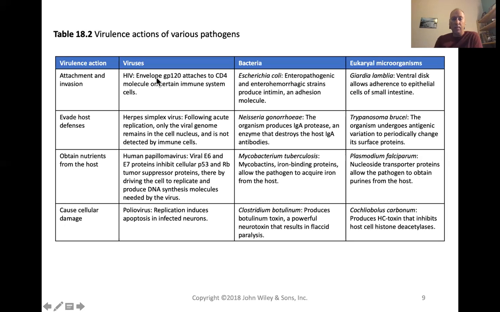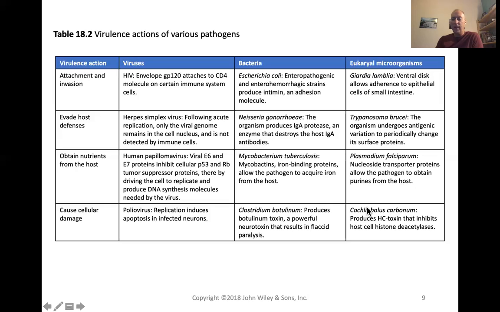You know that viruses have specific receptors that bind to host cells to mediate their entry. Bacteria, we haven't talked a lot about yet, but pili, for example, and other cell surface proteins can serve as adhesins for binding to host tissues. And then in the case of eukaryotic microbes, these are all unicellular parasites: Giardia, Trypanosoma, Plasmodium, the cause of malaria.